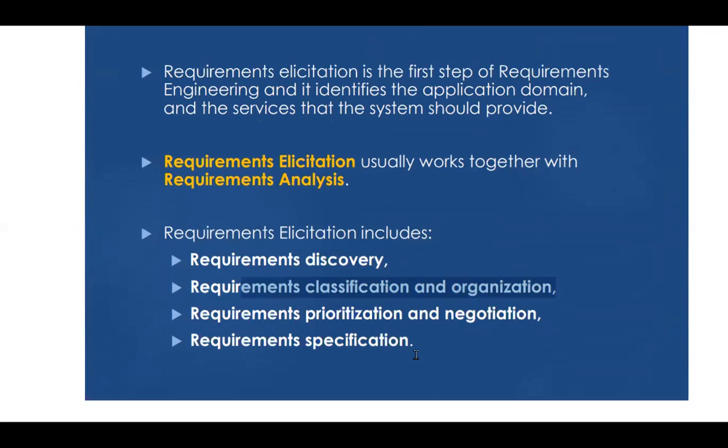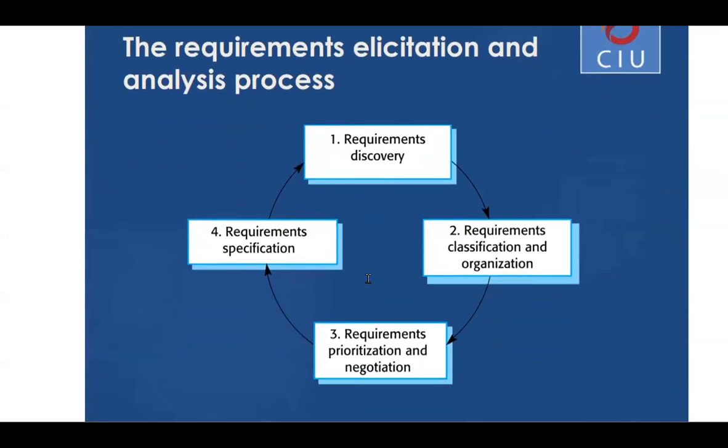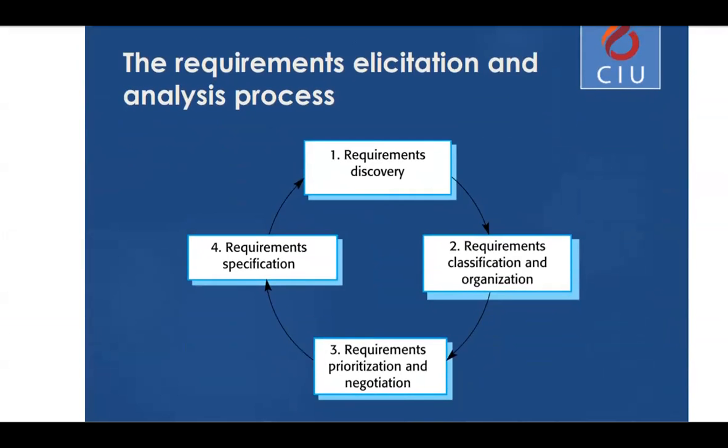So once again, this generates a circle where you discover, classify, prioritize, and specify these requirements, which then goes back to the discovery. Just as you can see in the next graph, it generates a circle.